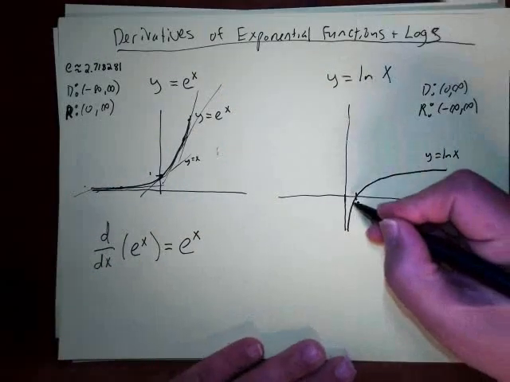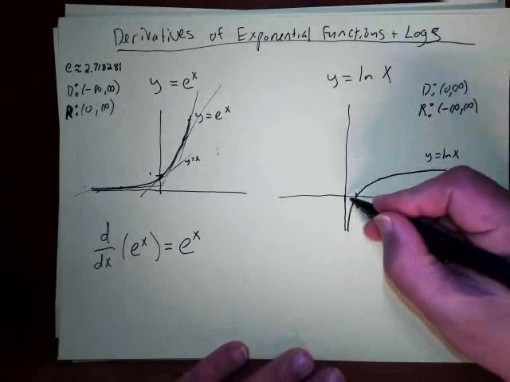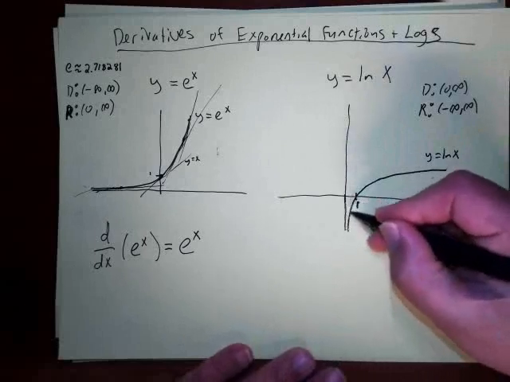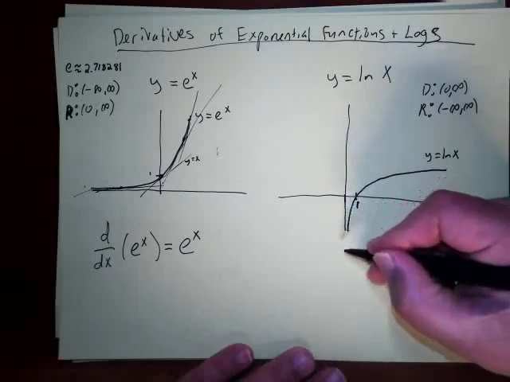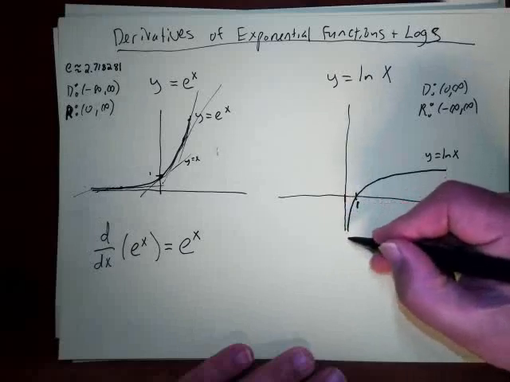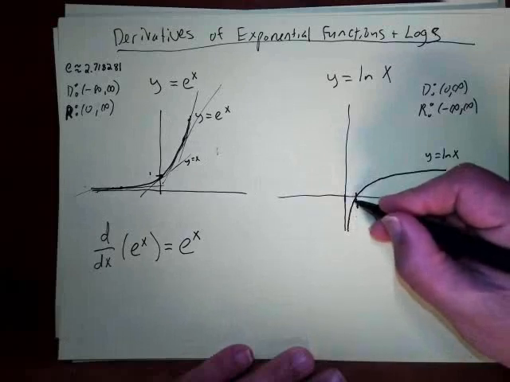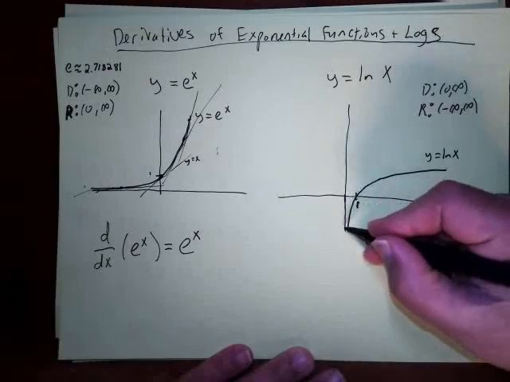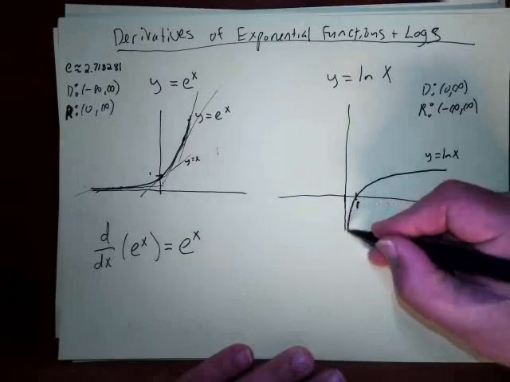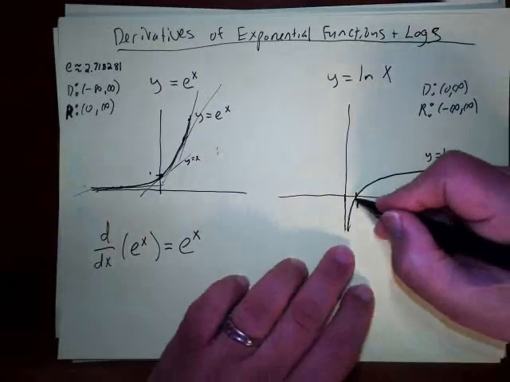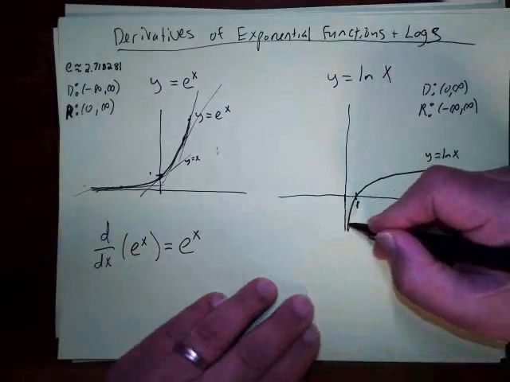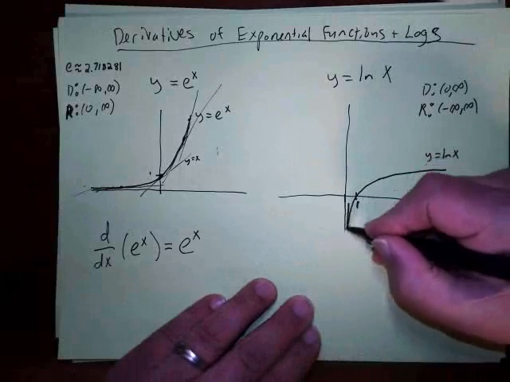So let's just think about the behavior. As I get close to 0 here, the slopes are going to positive. So as I get close to 0, look at the slopes of these lines.